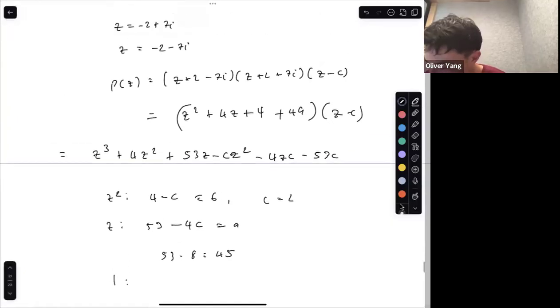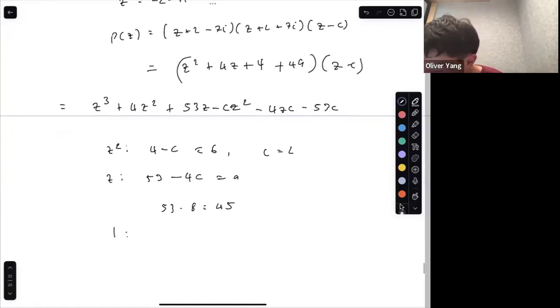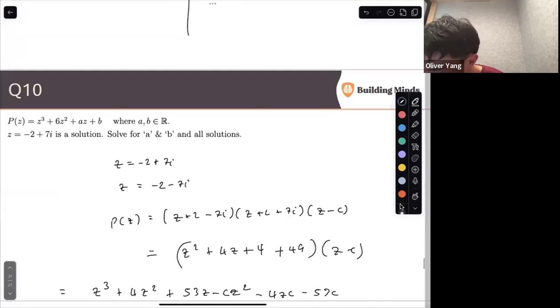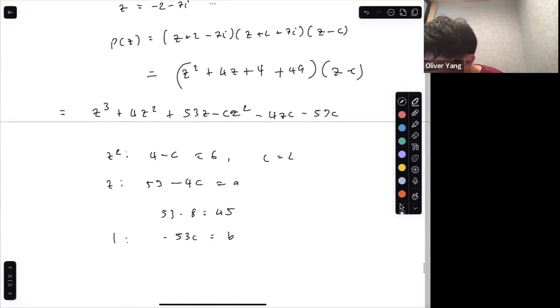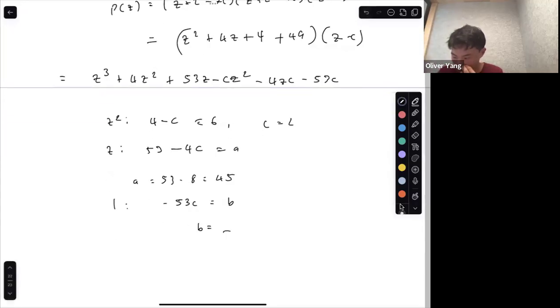And then our number component, negative 53C, equals B. So B equals negative 53 times 2, right? And so that would be negative 106.